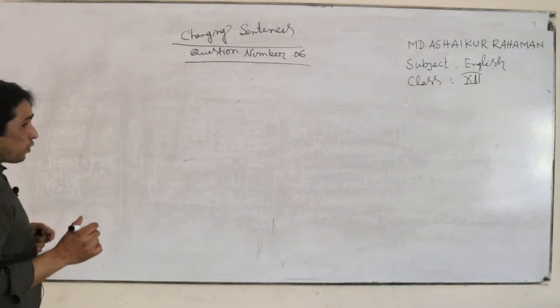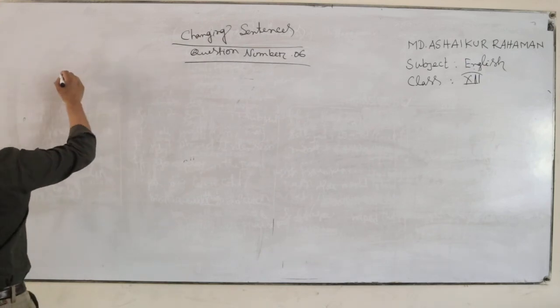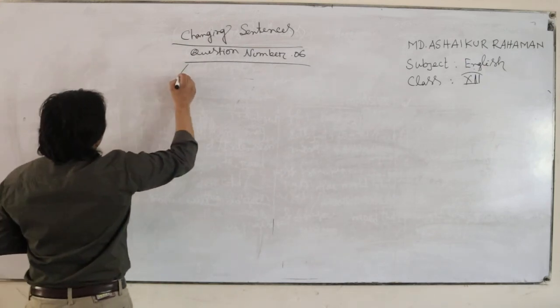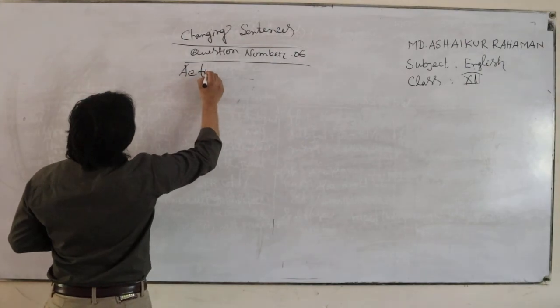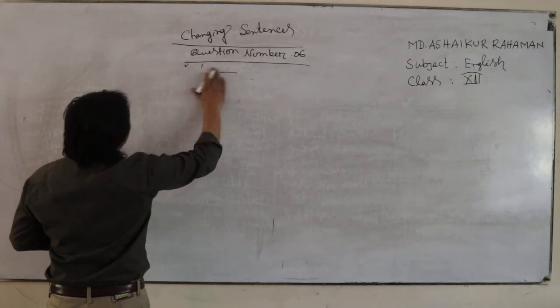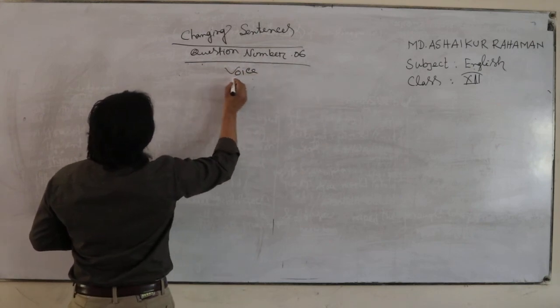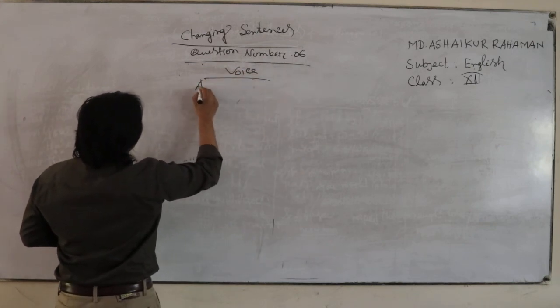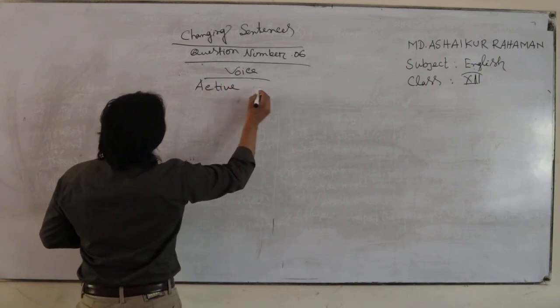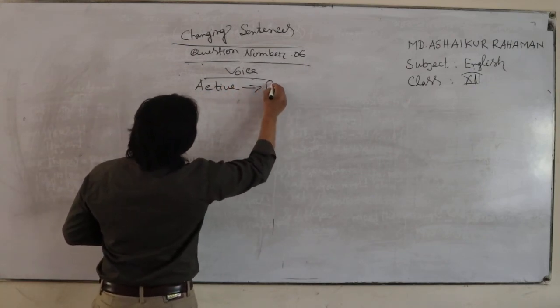Let me show the structure. First, let me write: voice, then active to passive.